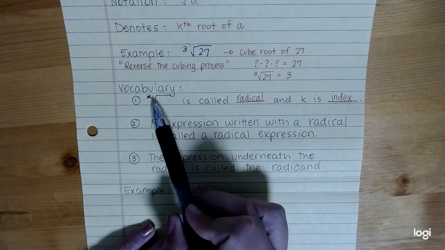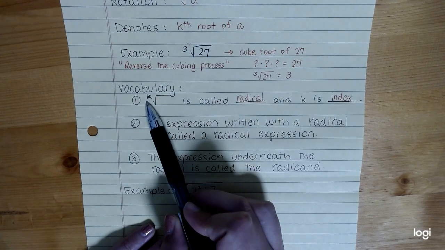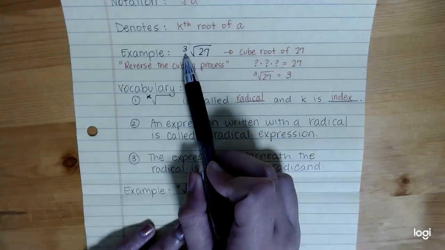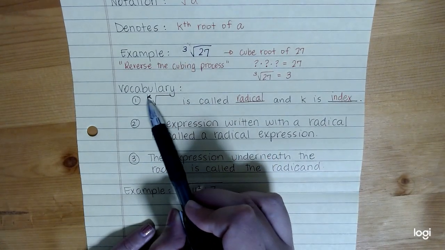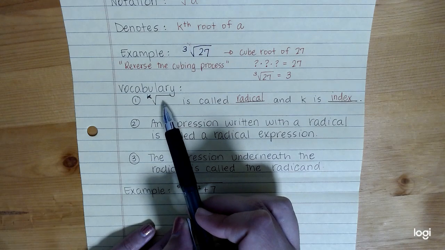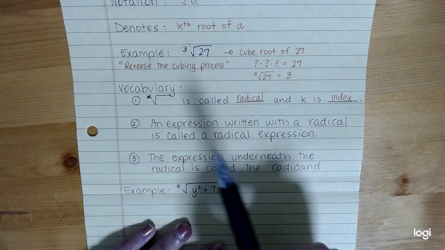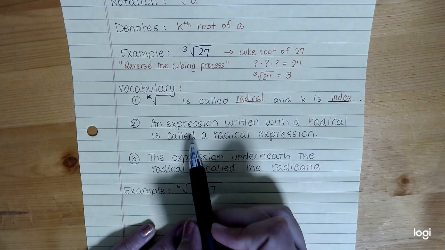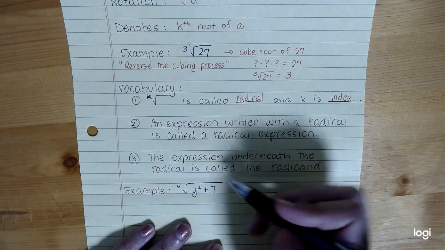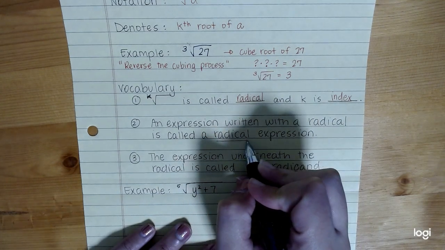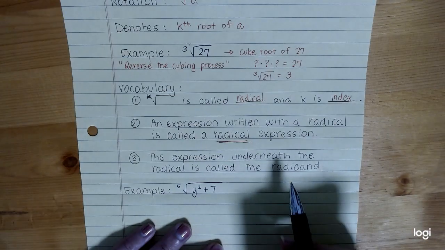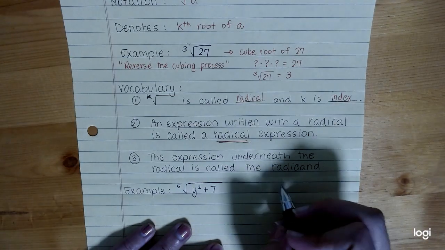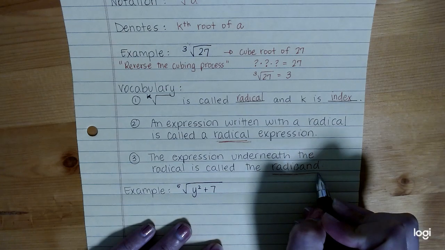Sometimes K is visible. There is an expressed value there. Other times that K is invisible, and in that instance, we're assuming the square root. An expression written with a radical is referred to as a radical expression. And then the expression underneath the radical is referred to as the radicand.